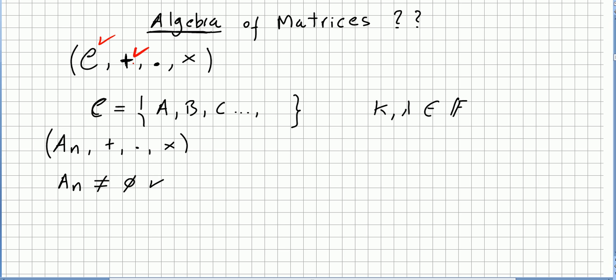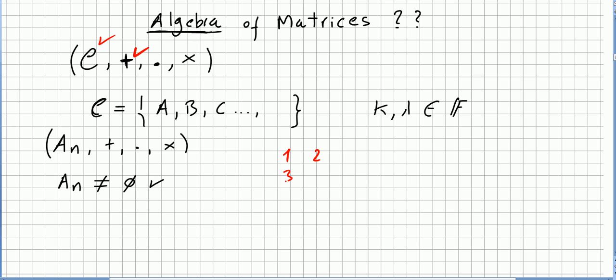Point number 2, square matrices. If I add two square matrices, I get a square matrix, so it's closed under addition. If I multiply a square matrix by any scalar, I'm getting a square matrix too, right?